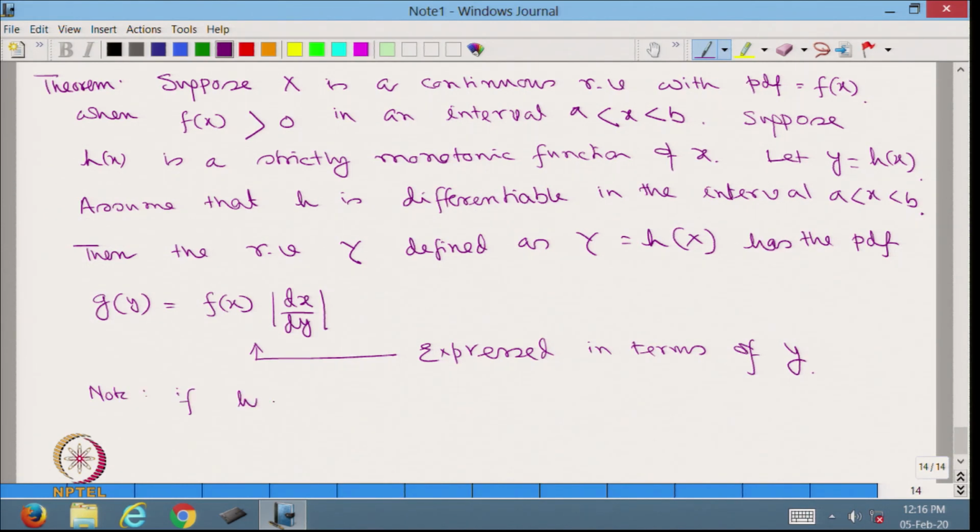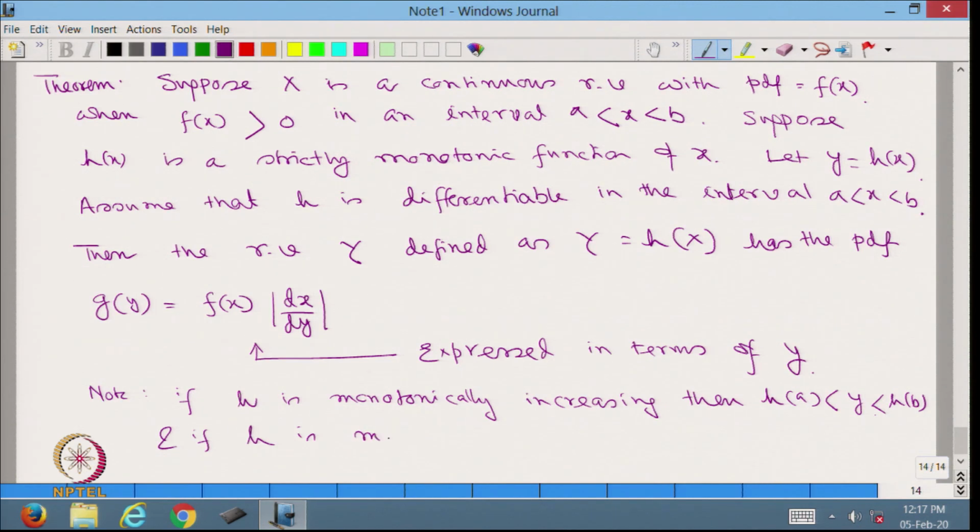Note, if h is monotonically increasing, then h(a) is less than y less than h(b), and if h is monotonically decreasing, then h(a) is greater than y greater than h(b).